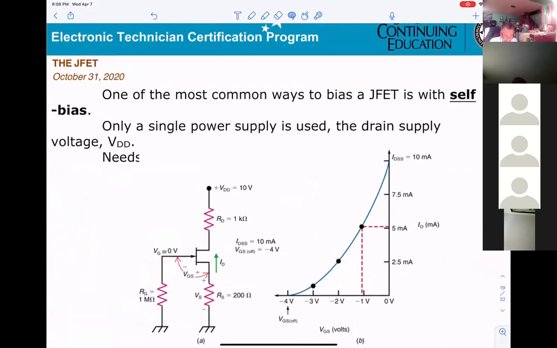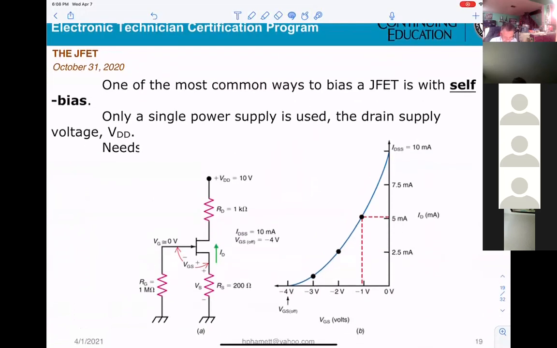The other one I just showed you is self bias. Self bias means you don't have any voltage here, you can see that you don't have a negative voltage here.